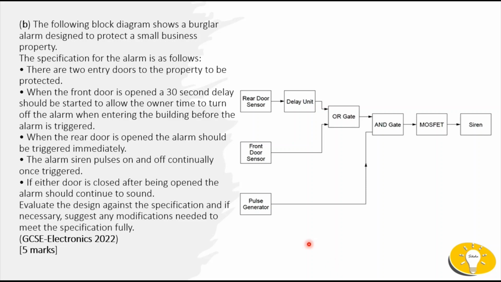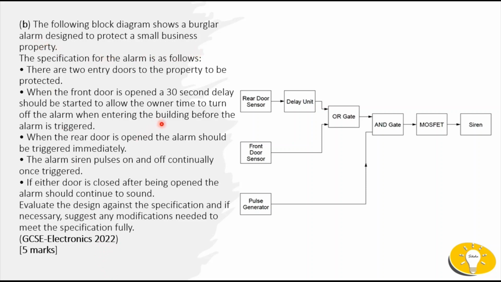The next type of question which you may get in the GCSE exams is to fill out the block diagram or to make this block diagram. Again you may get this question in different styles.